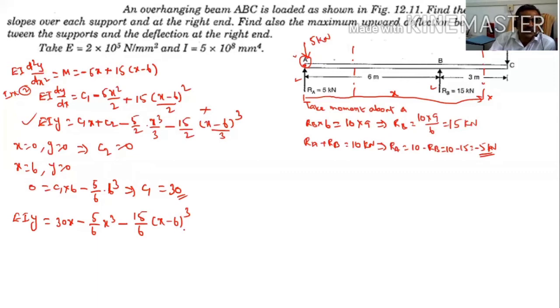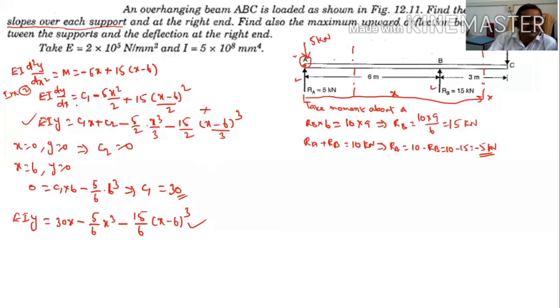So this is the general form of the deflection equation. Now substitute the x value and you will be able to find deflection at different points. First find the slope. We are asked to find the slope over each support, so at A and B we need to calculate it.